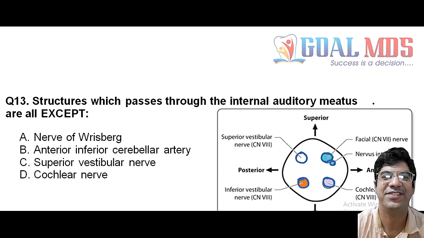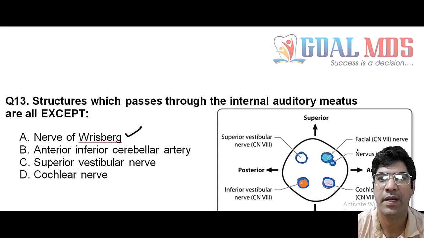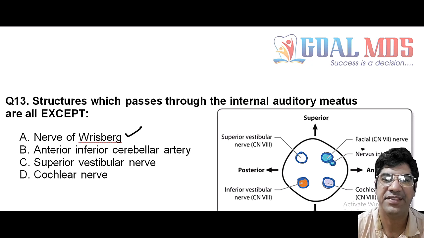The first option is nerve of Wrisberg. The nerve of Wrisberg is a component of the facial nerve, also known as nervus intermedius. It carries sensory fibers and is responsible for taste sensation from the anterior two-thirds of the tongue.